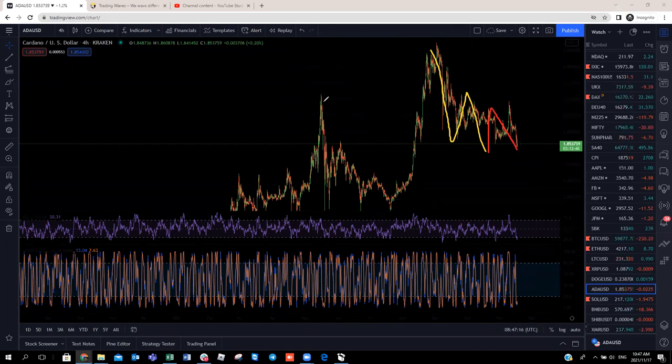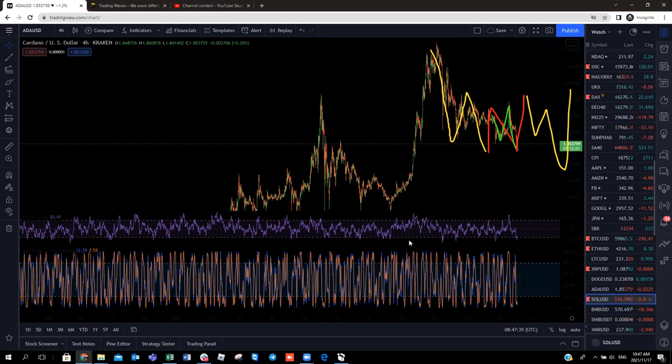This is another 3 waves here internally. We want to see if we're going to have a bounce here on ADA to complete that red structure. Okay, if we get a bounce here on the red structure, then the yellow can complete as follows before we push to the upside.